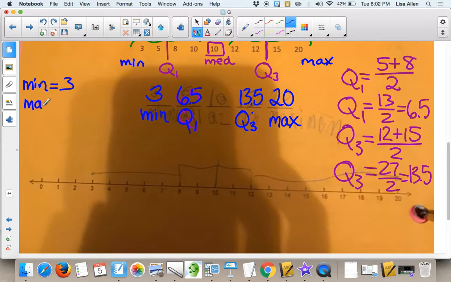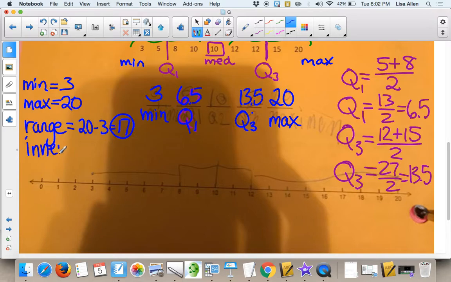Your max is 20. And your range is 20 minus 3 to give you the distance, or 17. And then your inner quartile range, sometimes we call it the IQR.